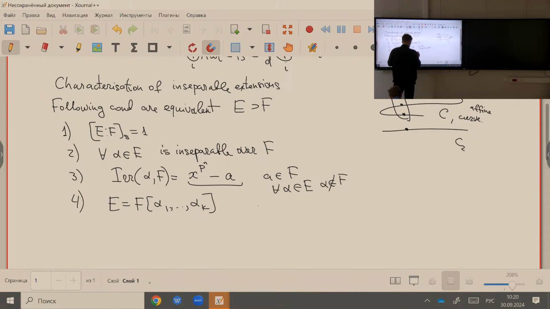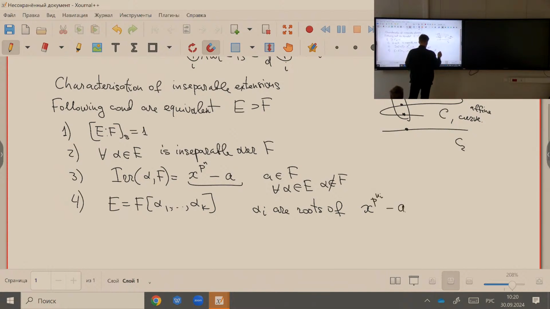So alpha_i are roots of x to the power p^{n_i} minus a_i equal to 0.